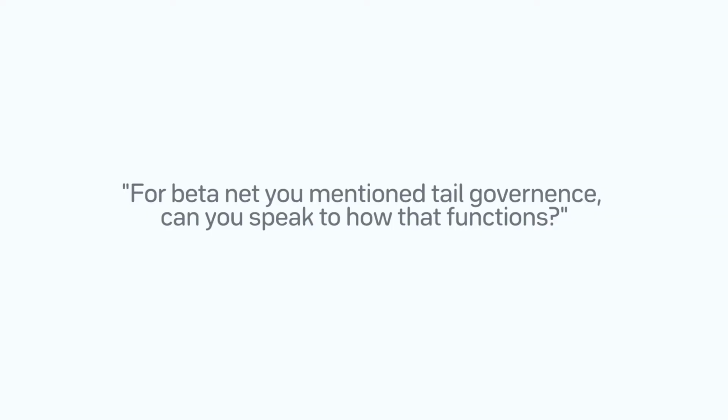For MainNet, you mentioned that would entail governance. Can you speak a little about how that would function, what that means? Sure. The way we want to do governance is to have three layers. One layer is general voting. If there's a proposal and 66% of people, or 66% of stake, of tokens, voted on something, that should be done.